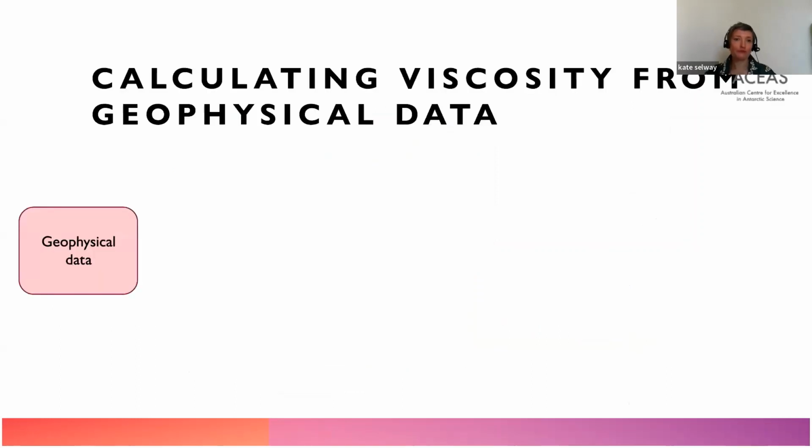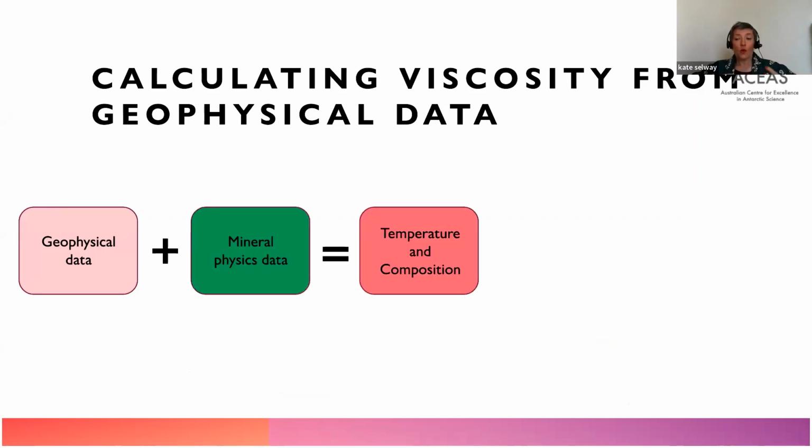So how do we do that? And how are we calculating this viscosity at all? As I say, viscosity is not something that we are able to measure directly in these places. All we can do is go from our geophysical data and make some calculations to work out what the viscosity must be. So we have our geophysical data, in the examples we've been looking at, that's seismic data. We add into that some mineral physics data.